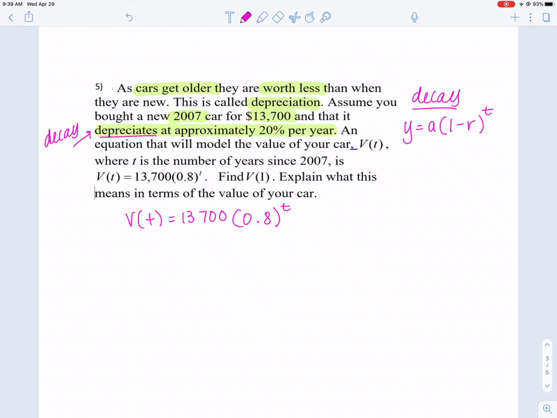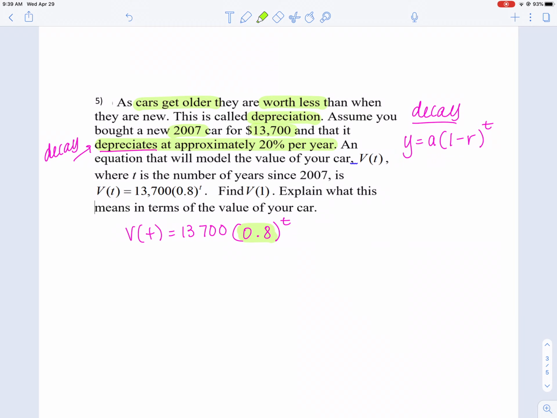So I want you to take note of this base, 0.8. Does anybody know where 0.8 came from? You know what 0.8 represents? 80%. And I want you to think about, if you got 20% wrong, you were taking off 20% of your test, what would you get? You would get an 80. So think about it.